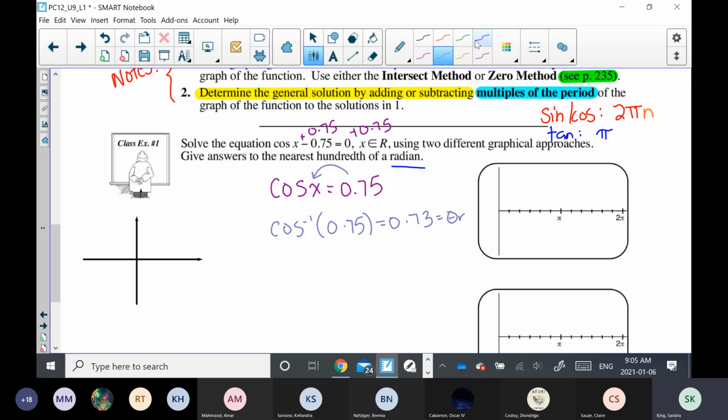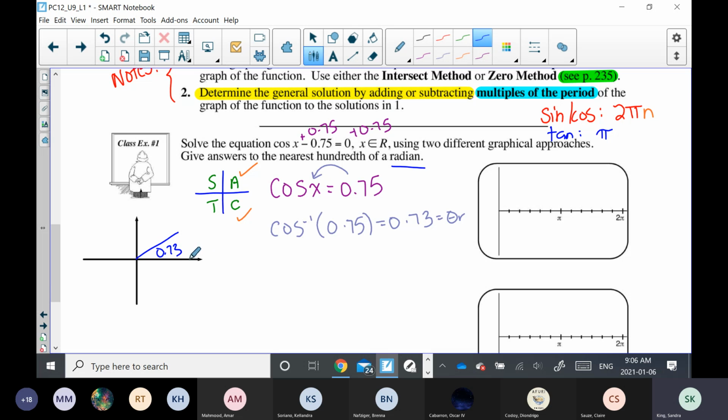That's theta r. Draw yourself a little Cartesian plane. Write your CAST rule, and check off the two quadrants where cos is positive, because this is a positive number. So cos is positive in quadrant 1 and in quadrant 4. Take that reference angle, put it in quadrant 1.